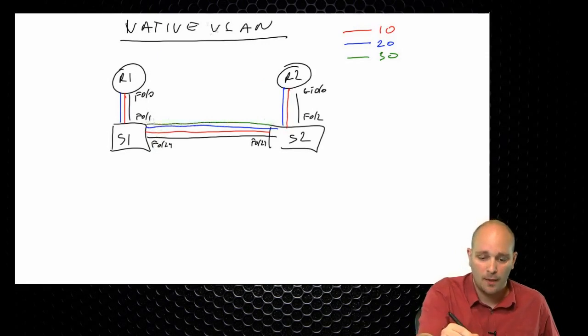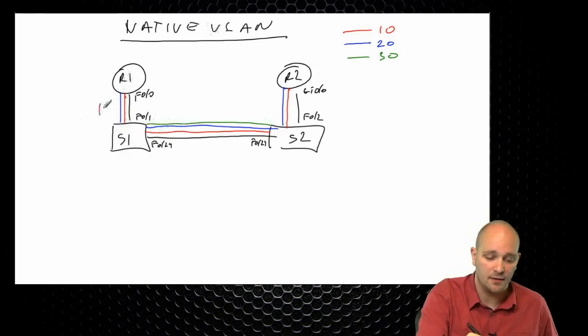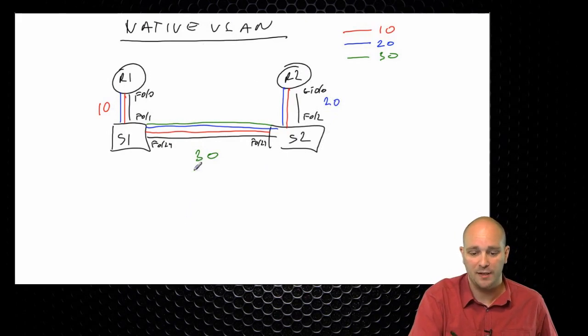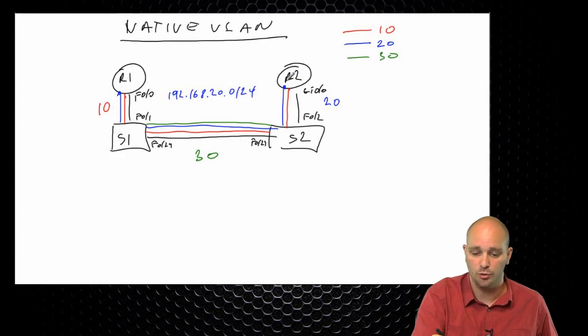Between R1 and switch 1, I want VLAN 10 to be native. Between R2 and switch 2, I want VLAN 20 to be native. And between switch 1 and switch 2, I want VLAN 30 to be native. I'm going to have IP addresses on sub-interfaces here and here, configured in VLAN 20 as 192.168.20.0/24, .1 and .2 here.